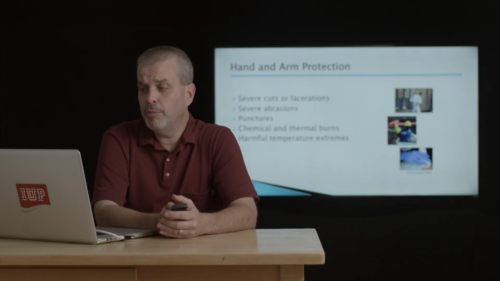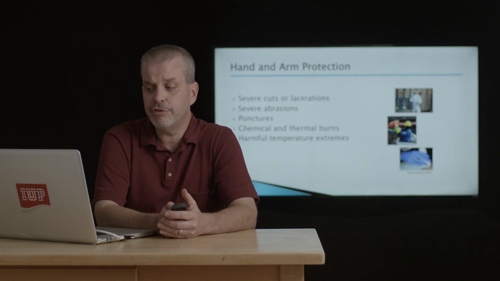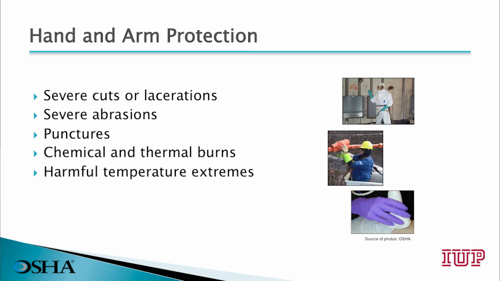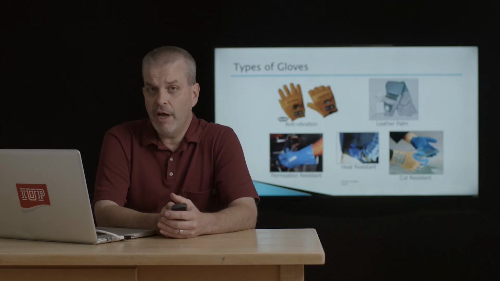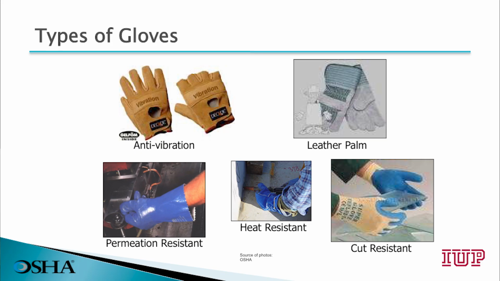Personal protective equipment can protect your hands and your arms from hazards such as severe cuts or lacerations, severe abrasions, punctures, chemical or thermal burns, and harmful temperature extremes. You may find a multitude of gloves at your work site. Common types are anti-vibration, leather, cut-resistant, heat-resistant, and permeation-resistant.